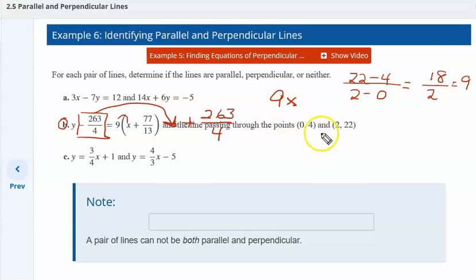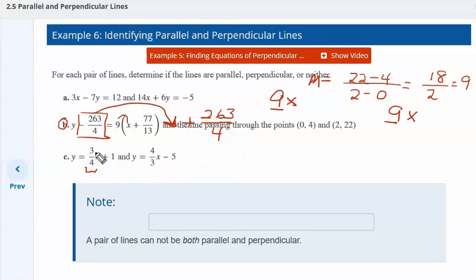Now I took the ordered pairs they gave us, put them in the slope formula, and figured out that this slope was 9. So again, you don't have to worry about all of this stuff here. So here the slopes are the same, and I'm assuming the y-intercepts would be different. So these lines would be parallel. And they gave us a very easy one there for the last.